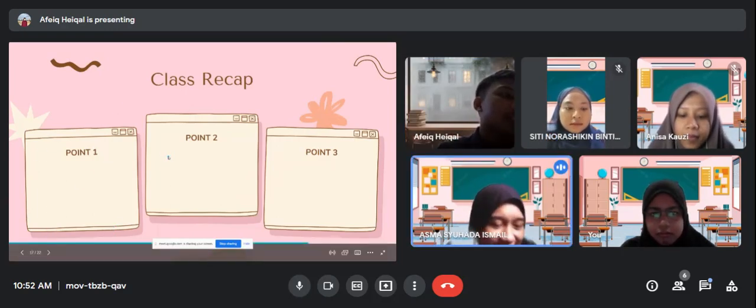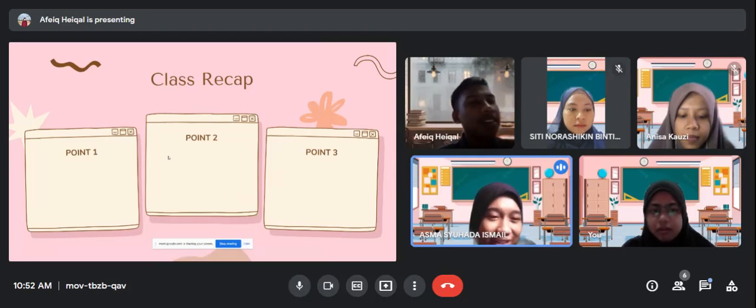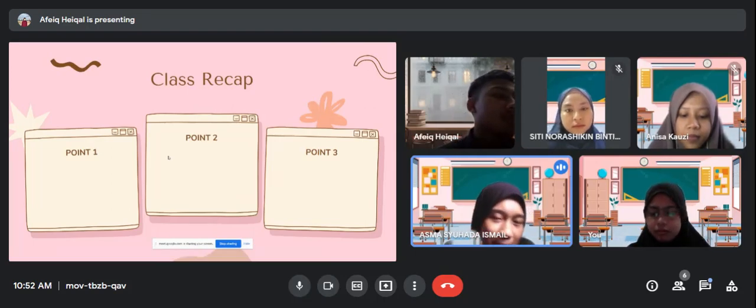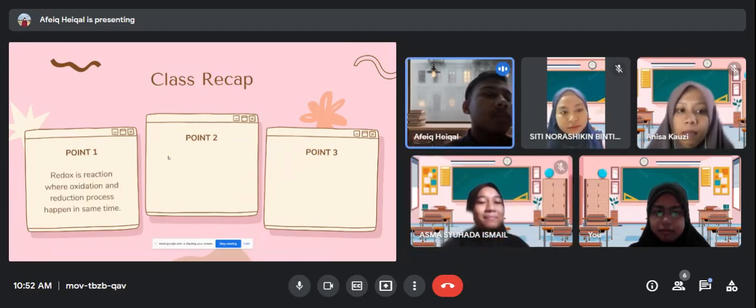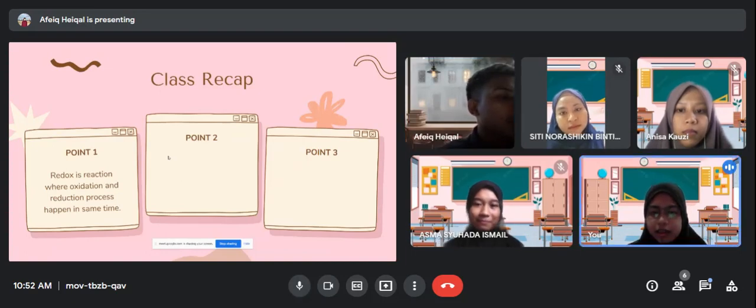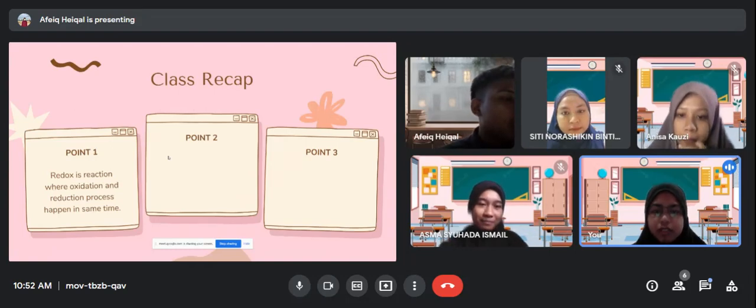Redox is the reaction where oxidation and reduction processes happen at the same time. Yes, that's true. For the second conclusion, what do you understand about oxidation? Maybe Dian. Yes, sir. Oxidation reaction is gain oxygen, lose hydrogen, lose electron, and increase of oxidation number.